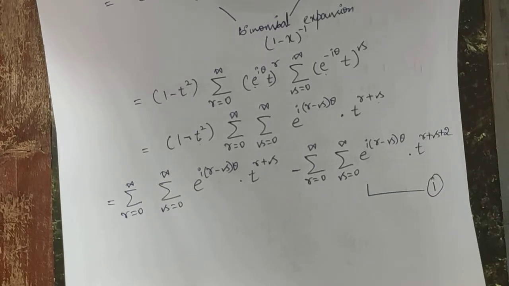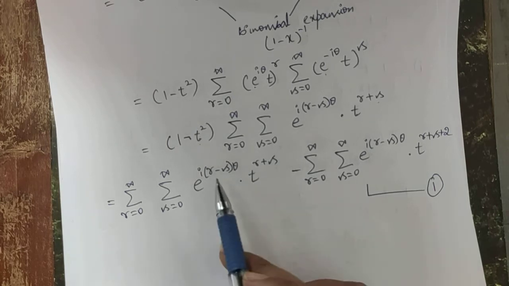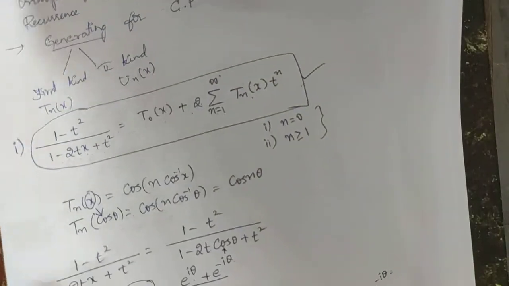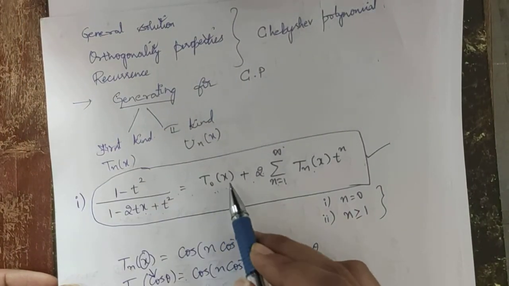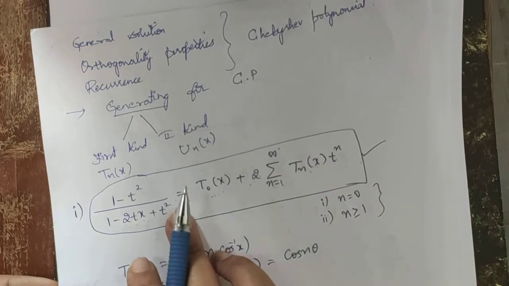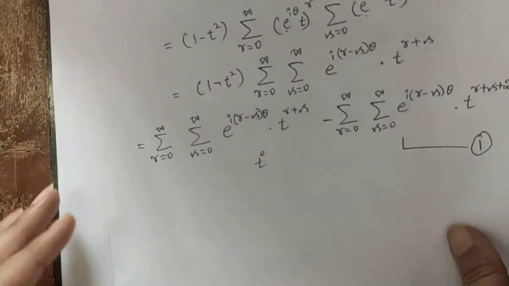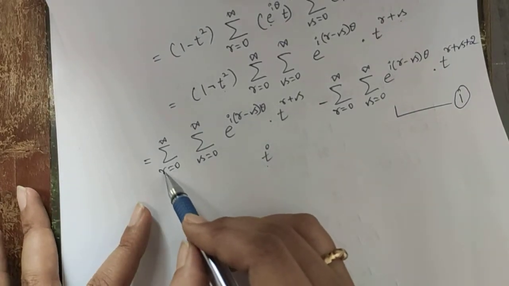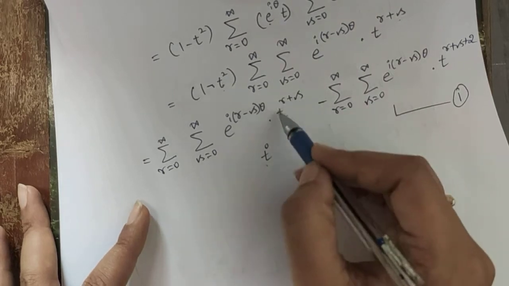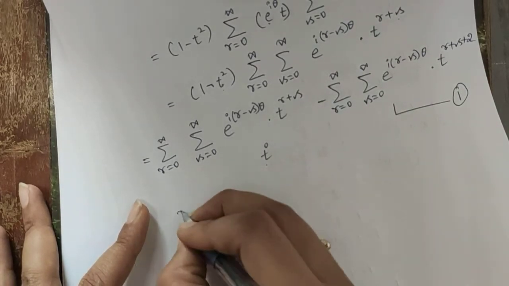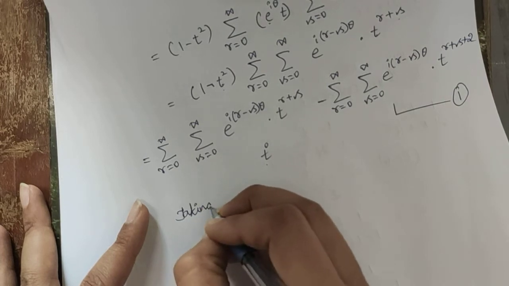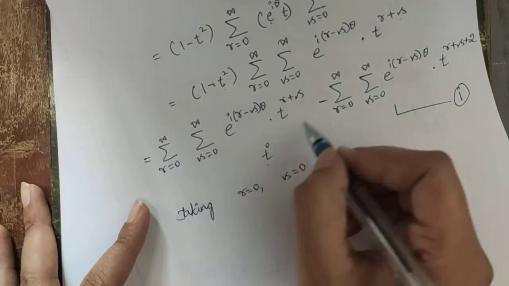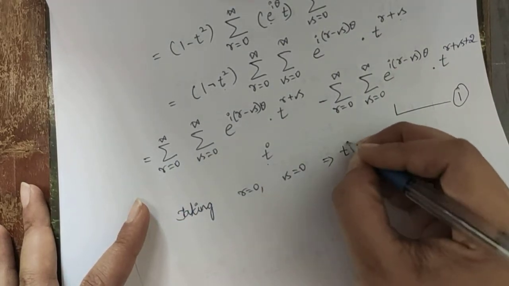Okay. So now we need to consider the summation for the coefficient of t power 0. This is for t power 0, right? So I should get T naught of x is equal to 1 now. If I consider the coefficient of t power 0, that means we are considering r is equal to 0 and s is equal to 0. Then only we will get t power 0, right? So taking r is equal to 0 and s is equal to 0 in the first part of the summation, we will get t power 0.